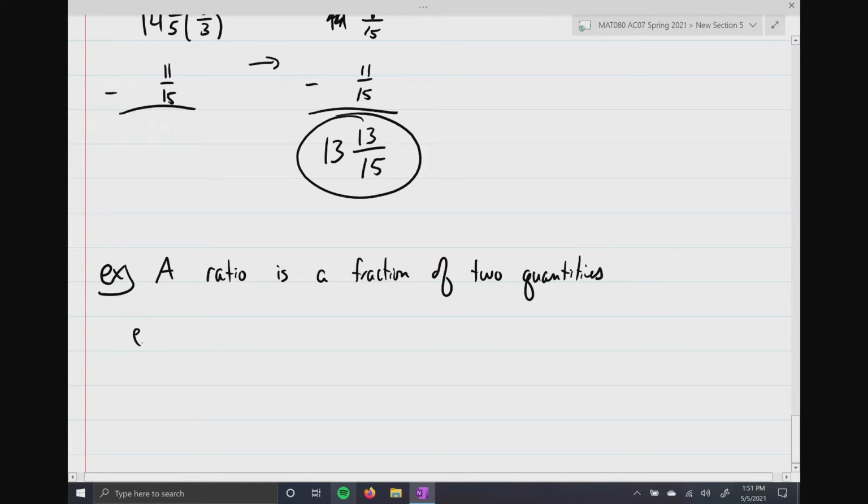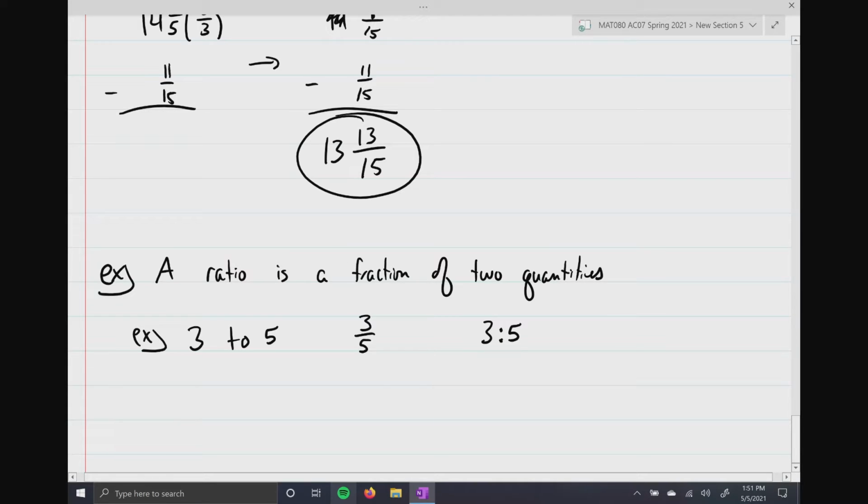For example, 3 to 5. That's an example of a ratio. Now, I can write that as a fraction if I wanted to. I can also write it like this, with that colon in between.